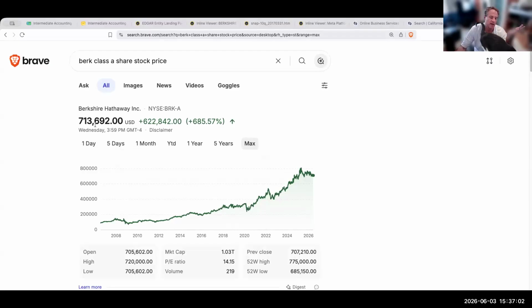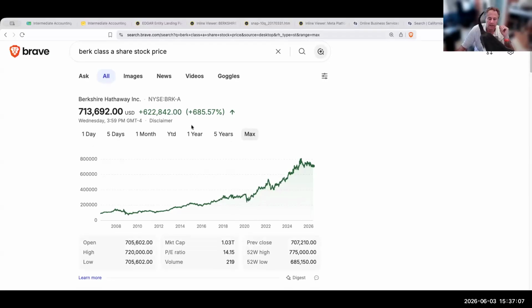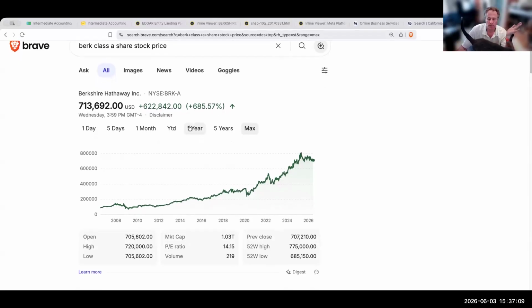Now, with new trading platforms where you can buy and sell fractional shares, you could buy maybe a fraction of this, but again, you just have to look to see what's going on.